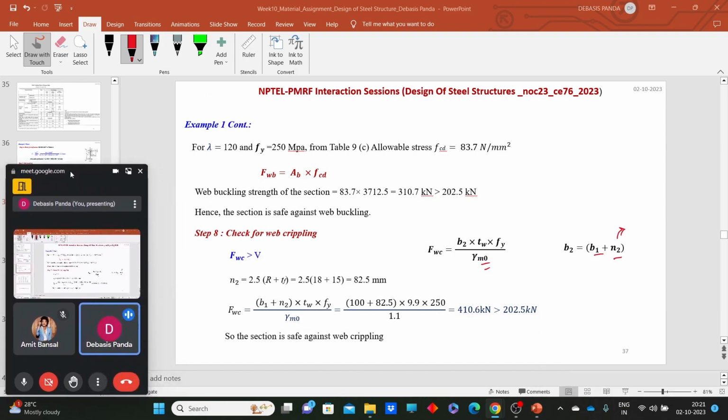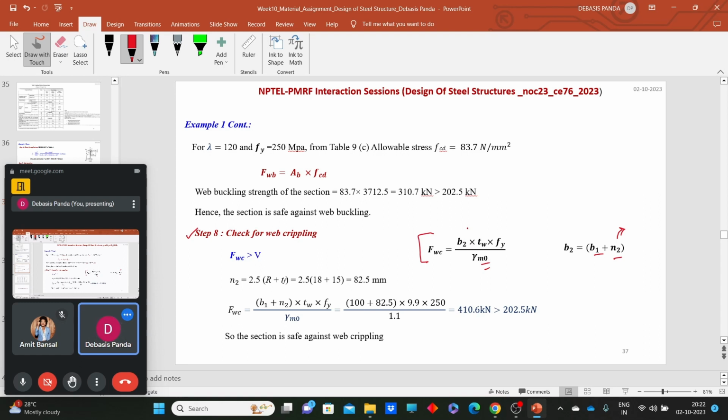Yes. So now one more step is left, that is check for web crippling. Now how can we calculate the web crippling strength? We can easily calculate it using the formula FWC is equal to B2 into tw fy by gamma m0. What is B2?